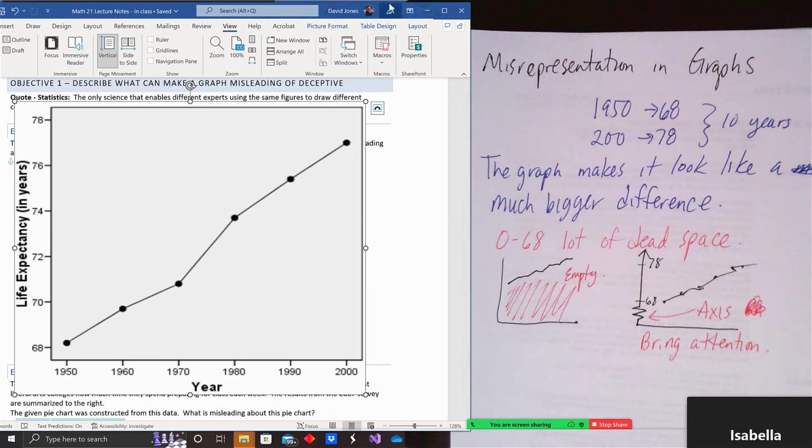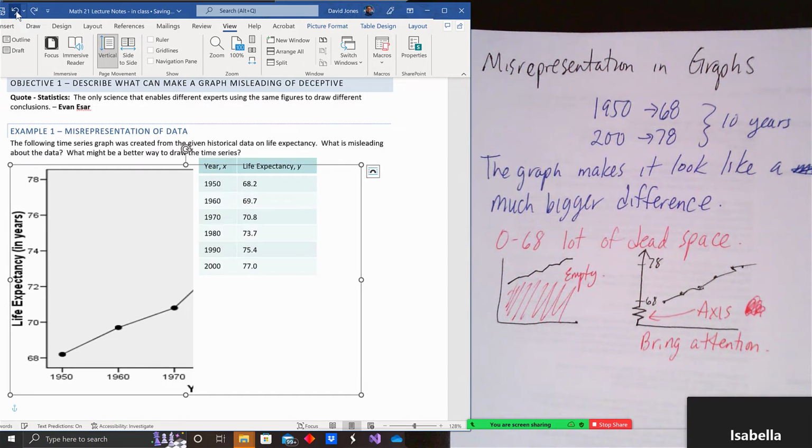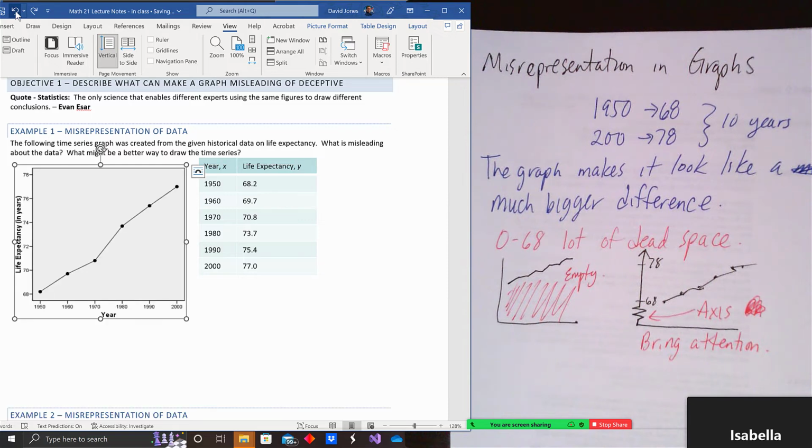Click undo. And we can see, like, 1950 to 1970, 68.2 to 70.8 is only another 2.5 years. It's not a big jump, but it looks like a big jump vertically.